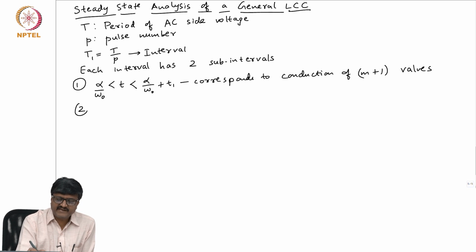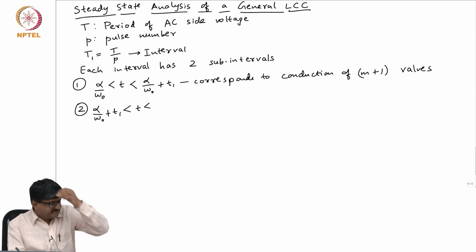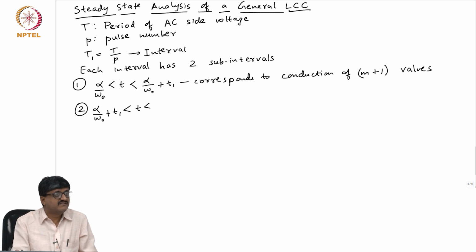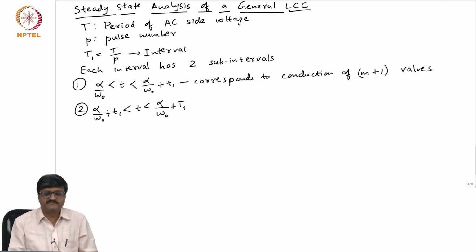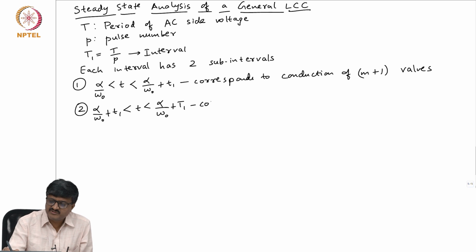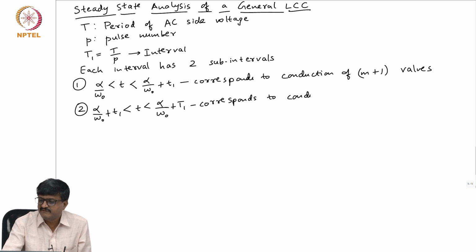Then the second subinterval starts from alpha by omega o plus T1 to alpha by omega o plus uppercase T with a subscript o. Now, this corresponds to conduction of how many valves?